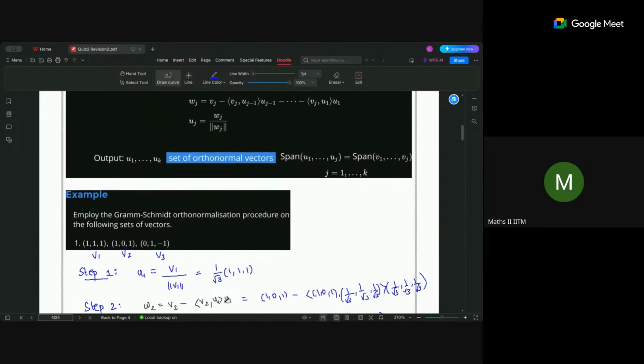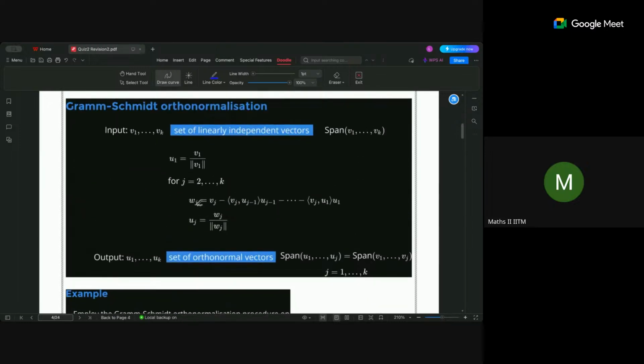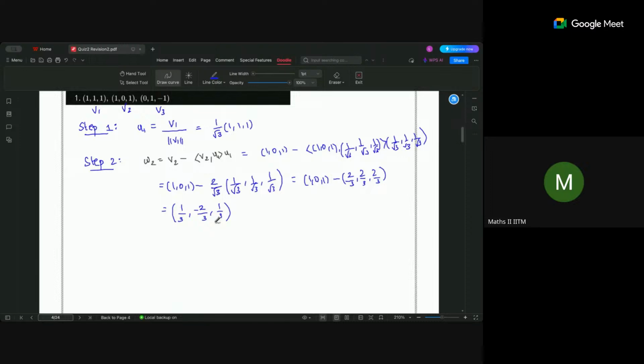Now what is the next step? You need to normalize this. For finding u2, you have to take w2 by norm w2. Everyone quickly calculate the norm of w2 and tell me.